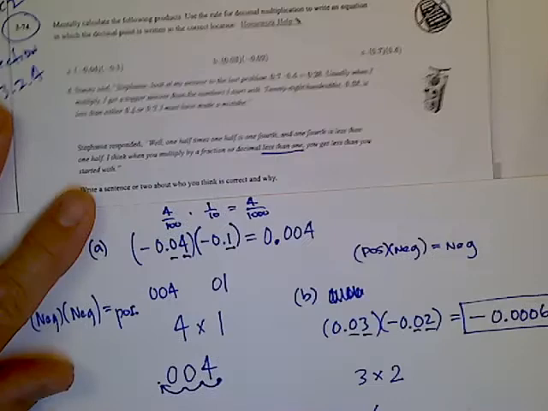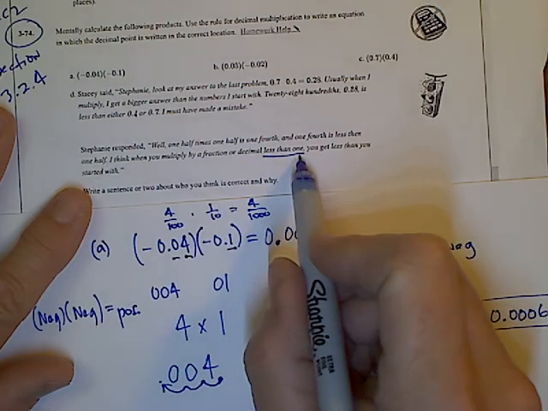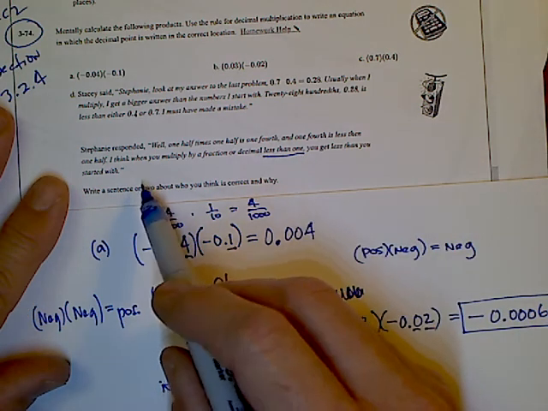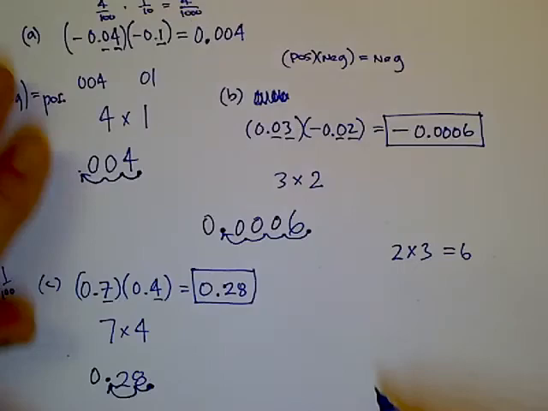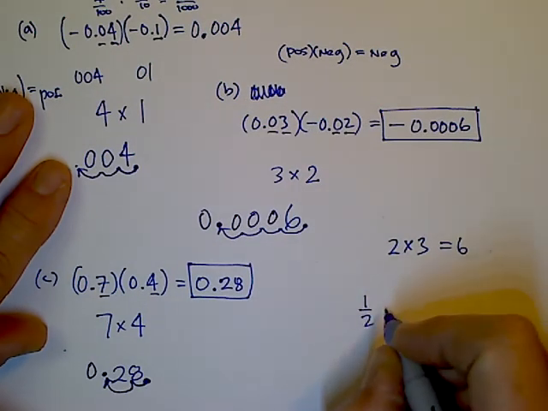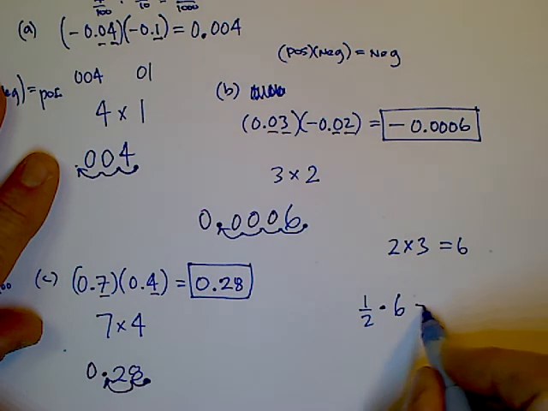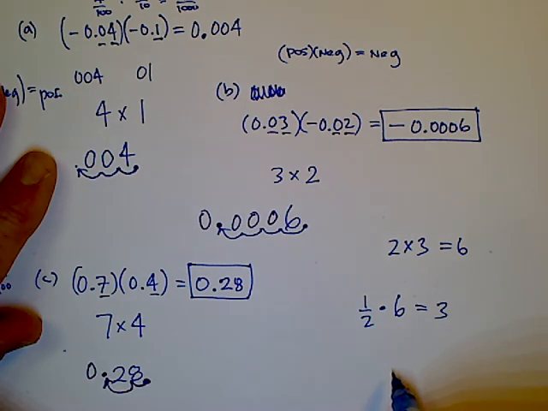But Stephanie's right because she's talking about when you multiply by something less than 1, then you do end up with something smaller than what you started with, right? I could give you an example, 1/2 times 6. 1/2 times 6 is 3, right? Because I'm taking a fraction of the whole number.